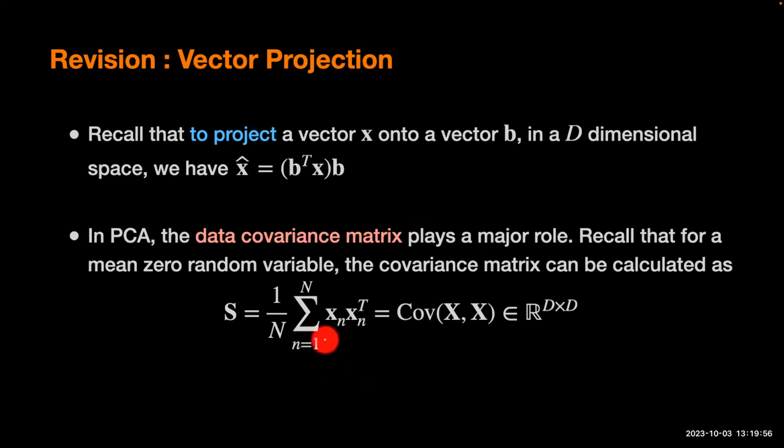But because we assume that the data is mean 0, this is simplified. So you only have x dot x. So this is the data covariance, which is actually an R^D times R^D matrix. Each time you do the dot product here, you actually get a matrix because you are doing column dot row.